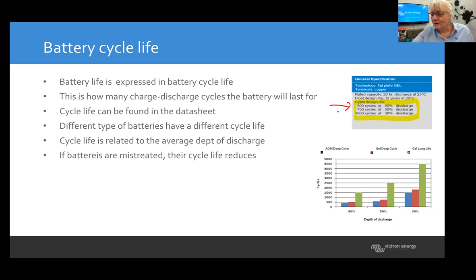But if you are being good and you don't discharge them that far, you get 1800 cycles out of them. So you can already see that cycle life relates to how deep you discharge them. So the deeper you discharge, the shorter life they will have. They basically have a certain amount of energy and life in them.